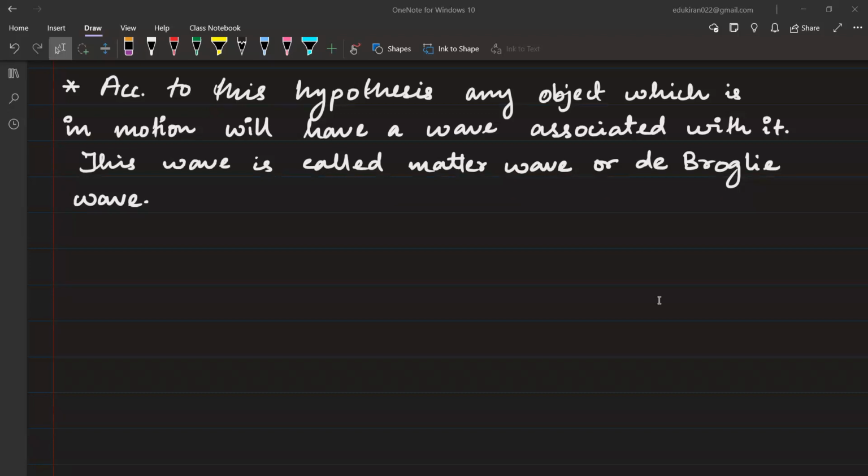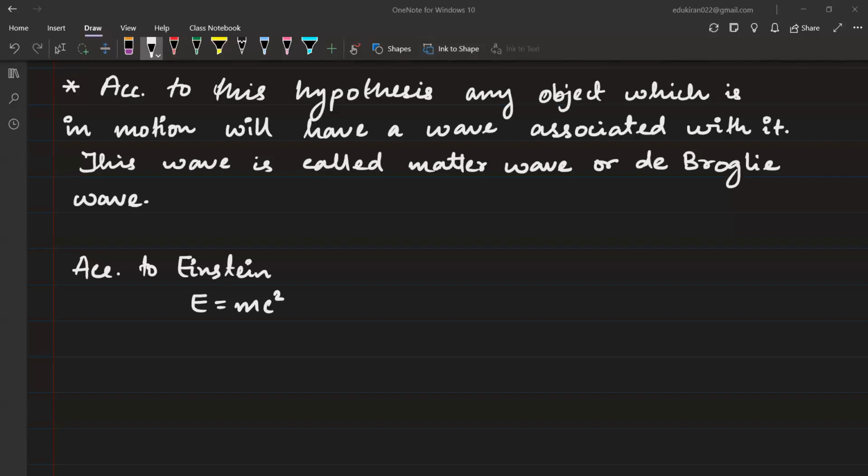Have you heard about it? It's a famous equation, and we are going to take this as equation 1.